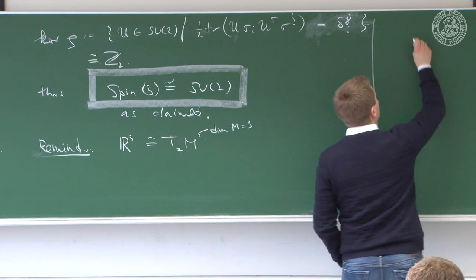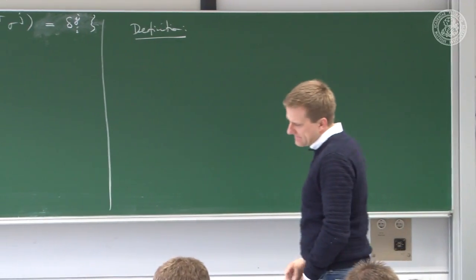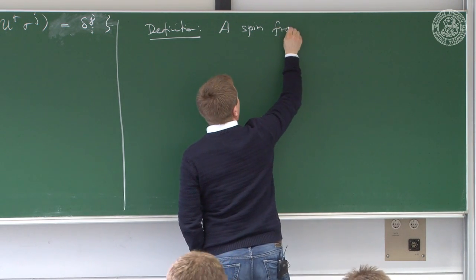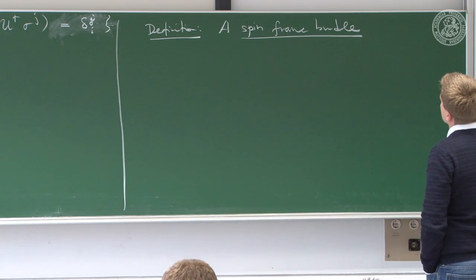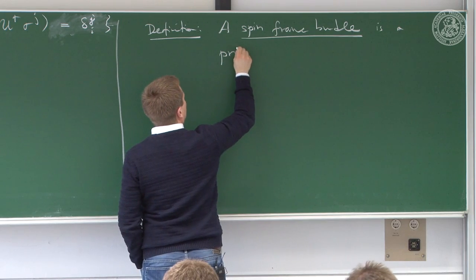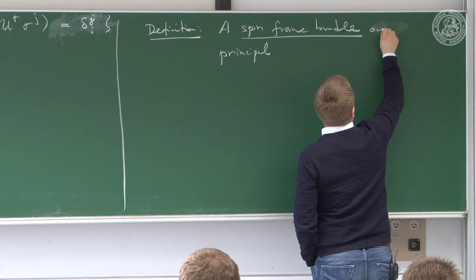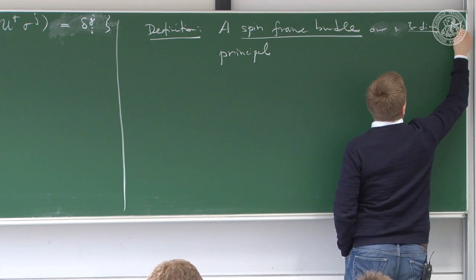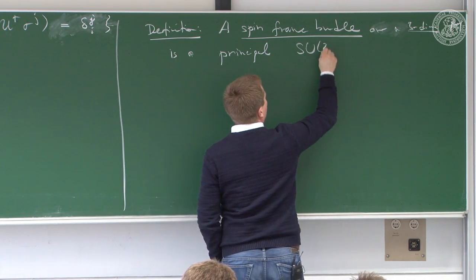So we make the following definition. A spin frame bundle over a three-dimensional manifold M is a principal SU2.